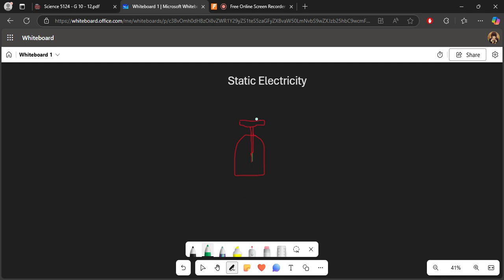So if I put something here that has a positive charge, the electrons down here will be attracted to that. So the electrons will flow up and go all the way here, creating a negative charge here. Now, the electrons move from here to there, so here we have fewer electrons.